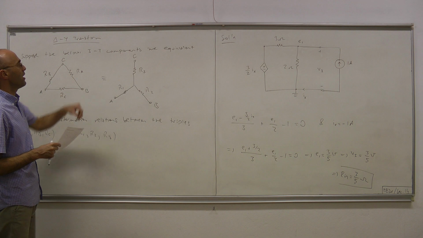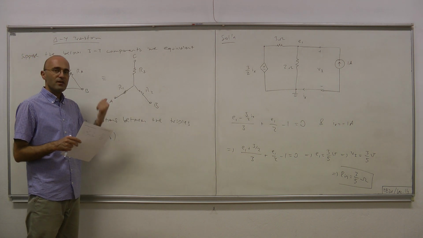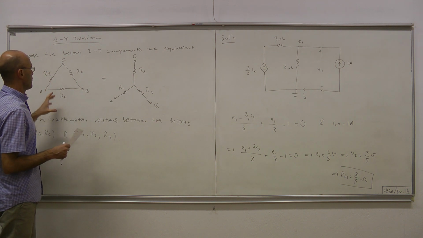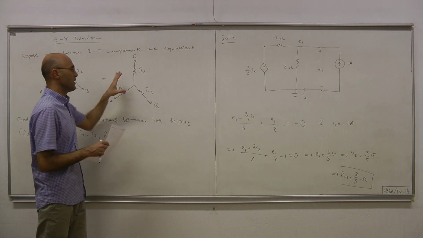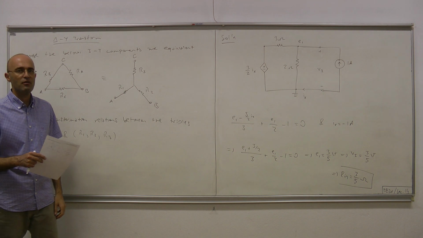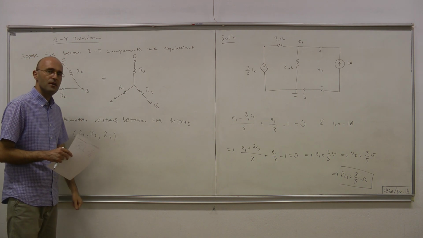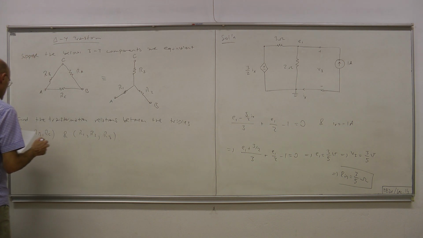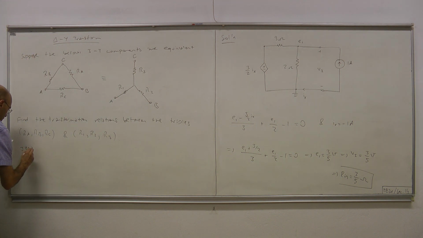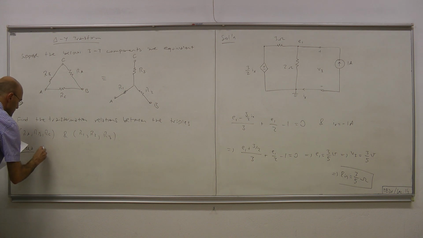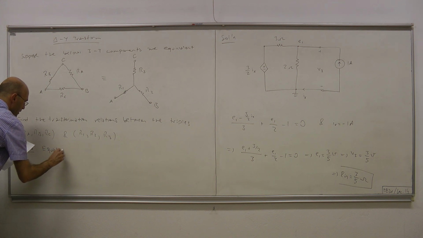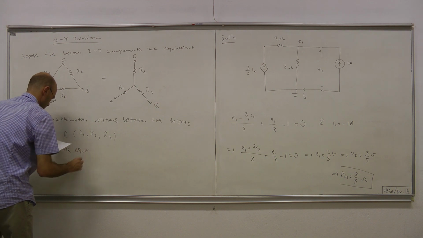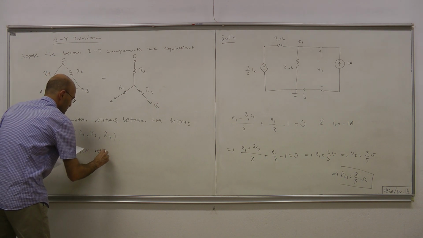So if I apply all those constraints for all pairs of terminals here and here, I get enough equations to find the transformations that we're looking for. So that's what we're going to do now. Let me write down the idea. Here, equate the equivalent input resistances.